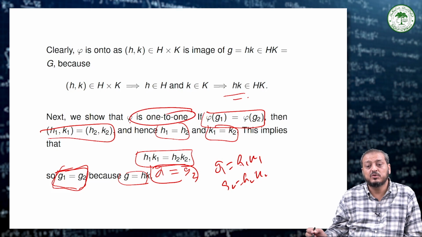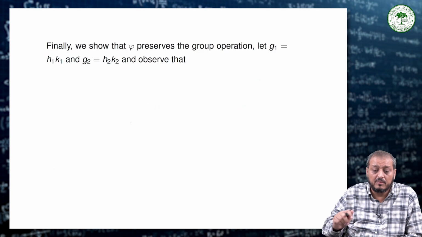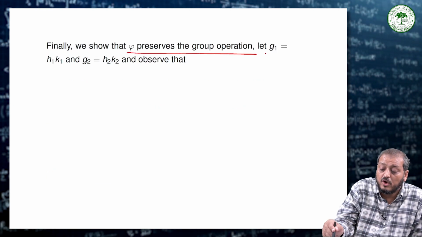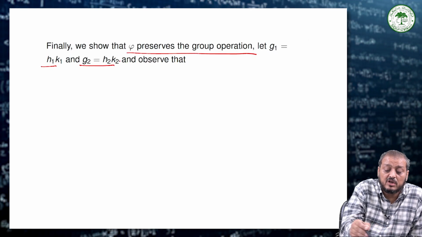Now next we have to show that this is a homomorphism. If it is a homomorphism, phi preserves the group operation. Let G1 is equal to H1 K1 and G2 is equal to H2 K2.